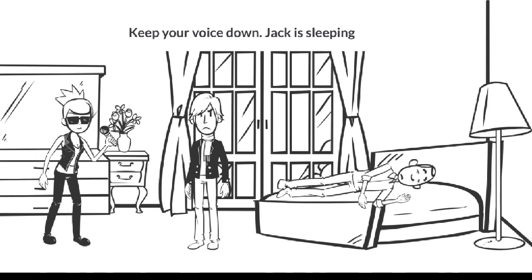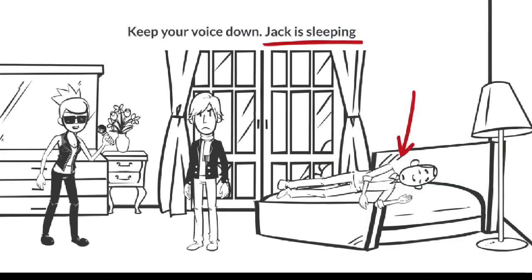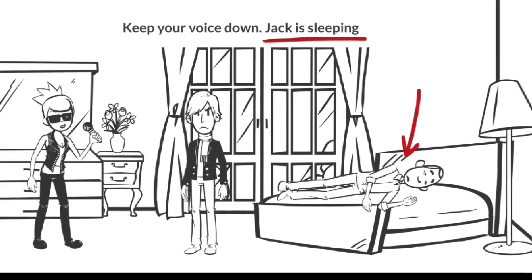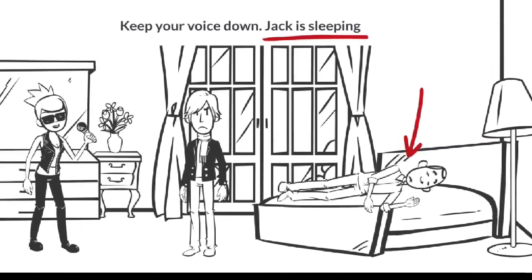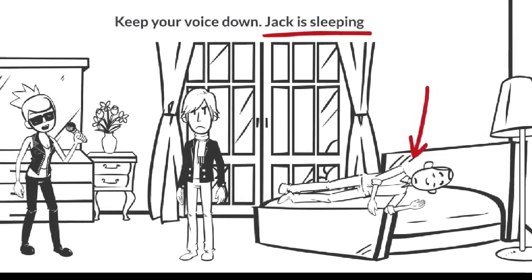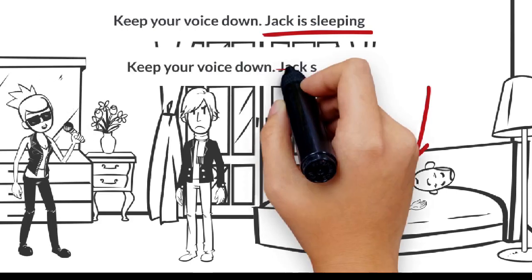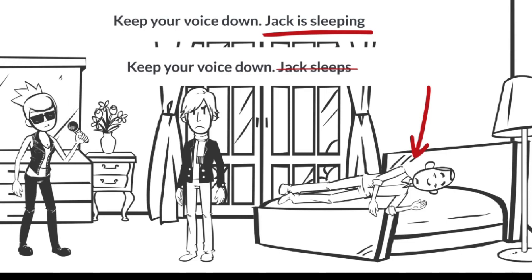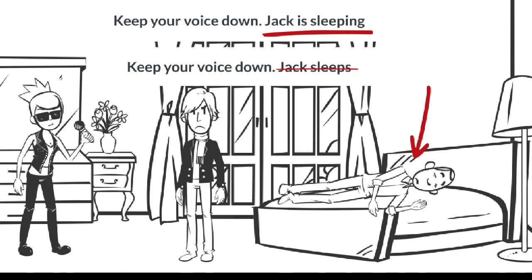By saying, Jack is sleeping, I mean that he is sleeping at this very moment, not his routine. It would be a mistake to say, keep your voice down. Jack sleeps. Because Jack sleeps is in the simple present.